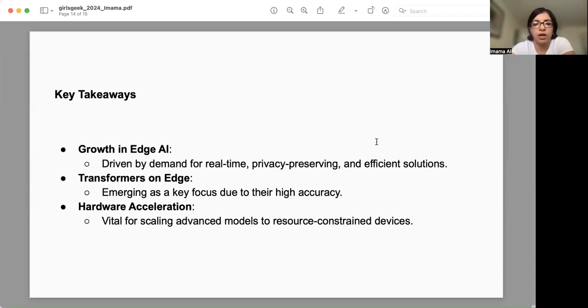And people are now deploying transformers on edge, and hardware acceleration is the key to unlock all these applications. So there are newer hardwares coming out which have higher throughput and compute to run these models.